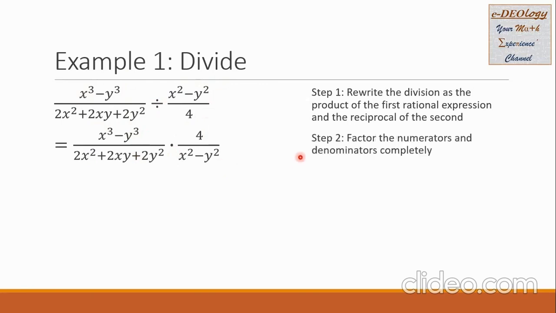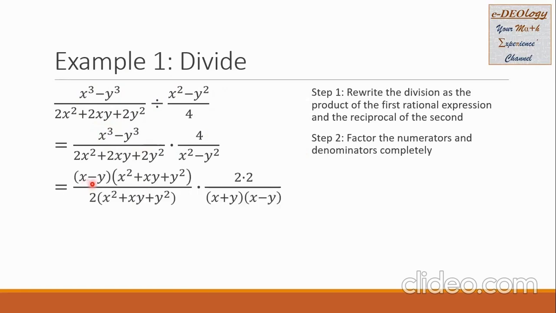And step 2, we will factor the numerators and denominators completely. Our numerator in the first rational expression, x cubed minus y cubed, is the difference of 2 cubes, so the factors are x minus y times the trinomial x squared plus xy plus y squared.